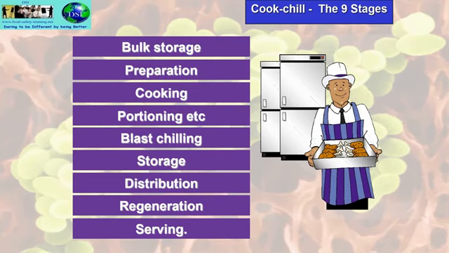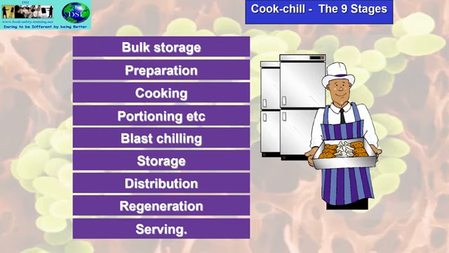Blast chillers are like fridges, if you've not encountered these, but they do continually blast very cold air over the product. And you can actually take food out of an oven straight into a blast chiller, and they'll take it down between 1 and 4 degrees C within 90 minutes. They're that efficient. Then after blast chilling, storage, either refrigerated, frozen, or chilled.